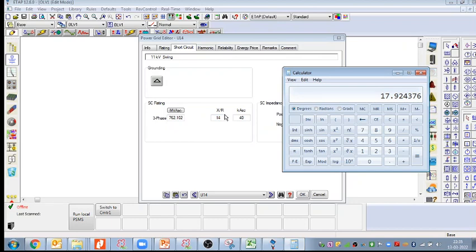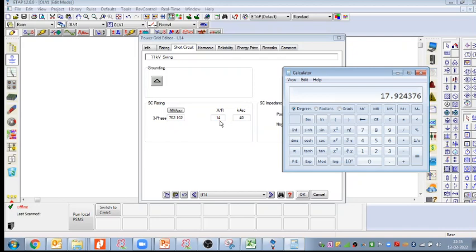So we take X by R 14 for a 50 Hz system, and X by R 17 for a 60 Hz system. This X by R 14 is again not constant; it depends on your breaker opening time and your breaker DC breaking time. Generally X by R 14 and 17 we always take in power grid.